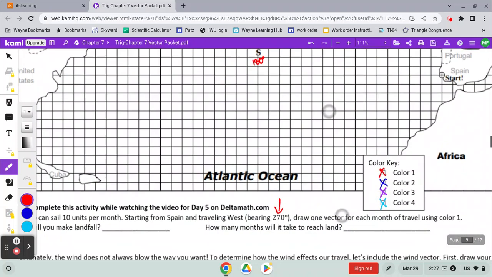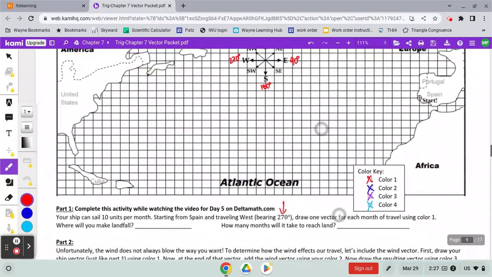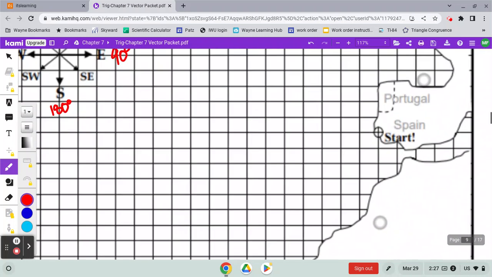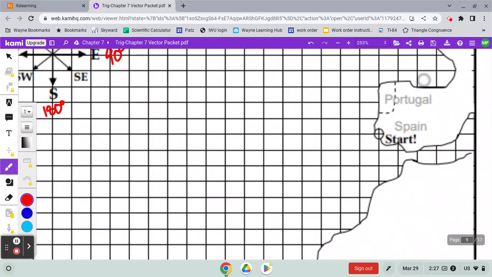So it says you can sail 10 units per month, starting from Spain and traveling west. Draw 1 vector for each month of traveling using color 1. Okay, so if we start here, we're going to draw it out. 1, 2, 3, 4, 5, 6, 7, 8, 9, 10. That's 1 month.